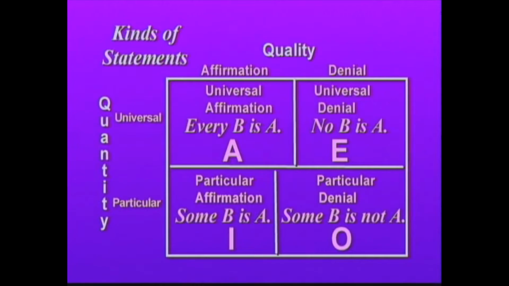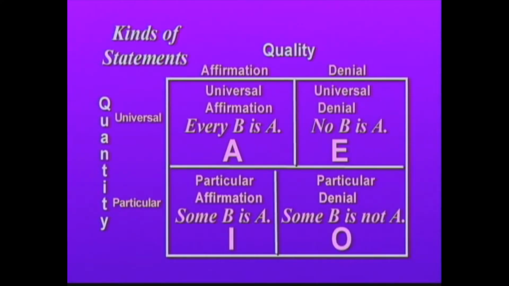Every B is A. An example of that would be every man is an animal. That is in the top left-hand corner, and it is symbolized by the letter A. Secondly, we have the universal denial. That's in the top right-hand corner. An example is no man is mortal, or to put it in more general terms, no B is A, and it is symbolized by the letter E.